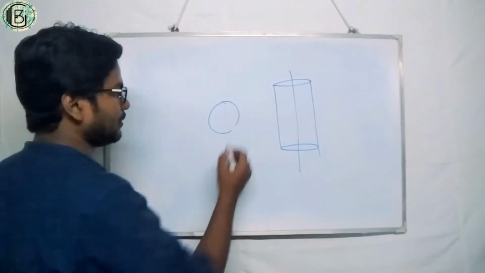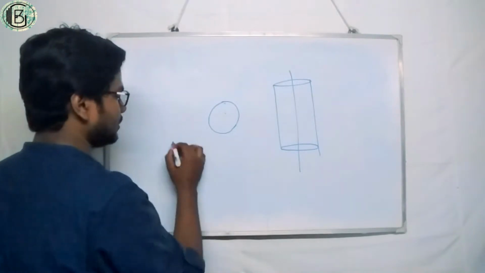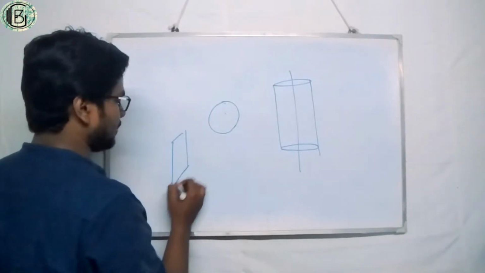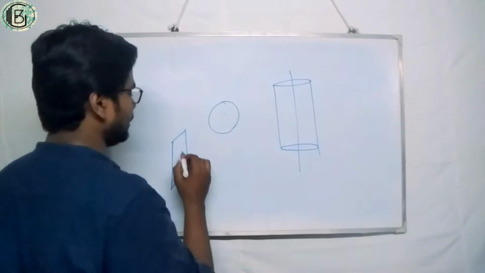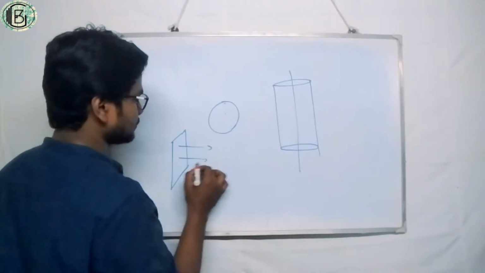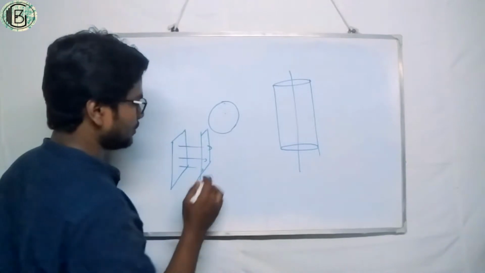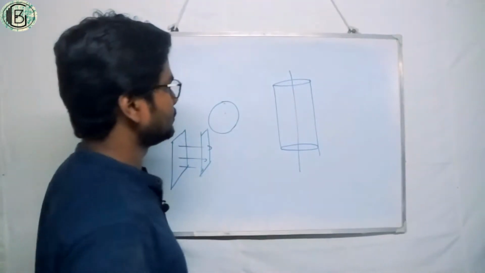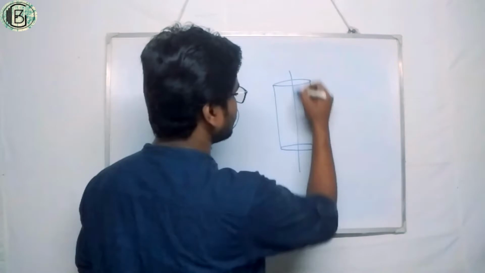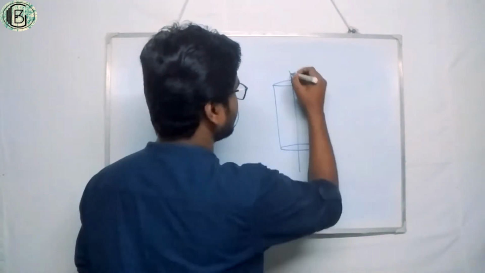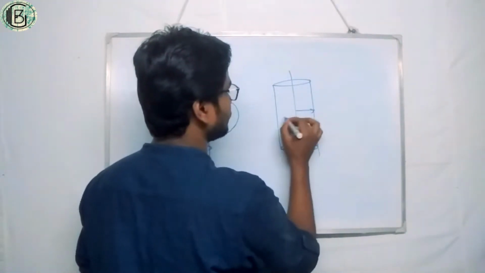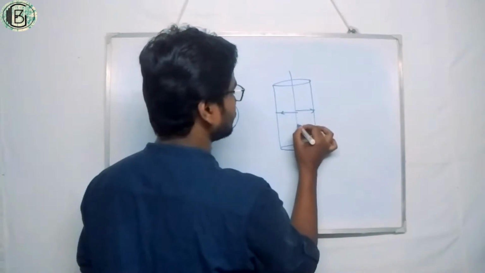And if there is a planar light source, it generates a planar wavefront. And that is all. So if this is a linear light source, then it generates a cylindrical wavefront.